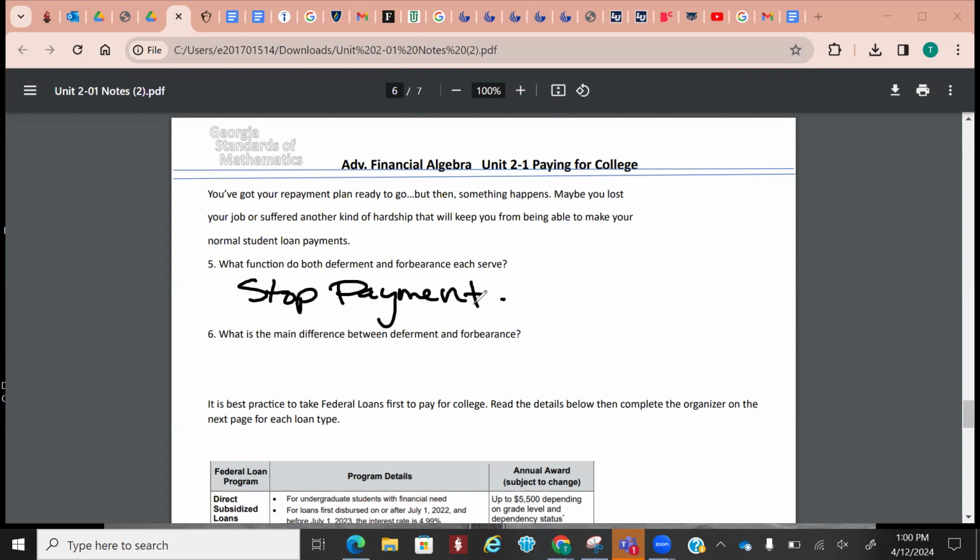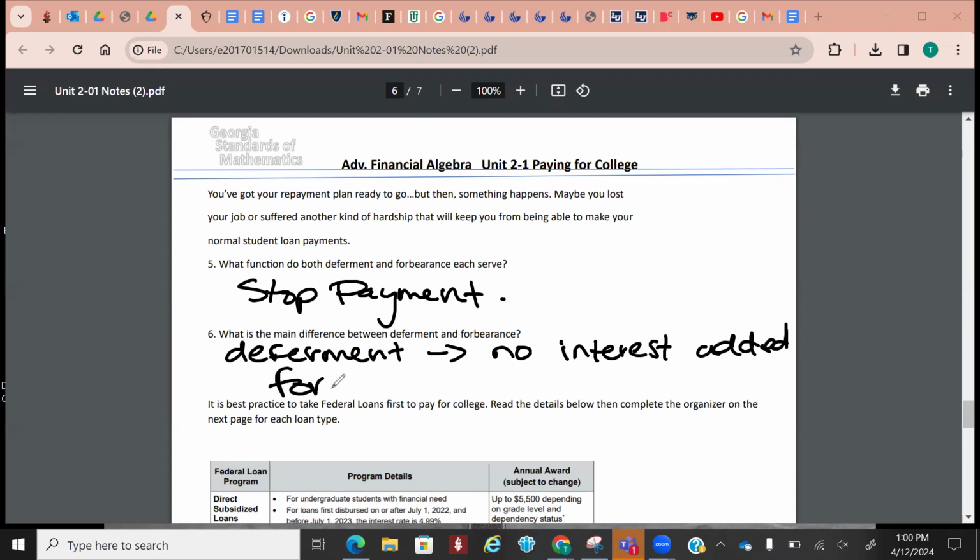Deferment means that you're postponing that payment. During deferment, no interest is being added. During forbearance, interest is added.